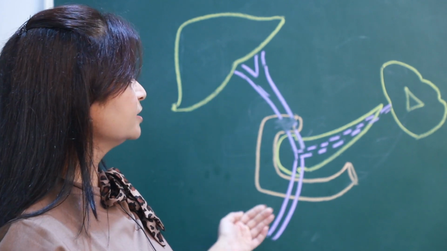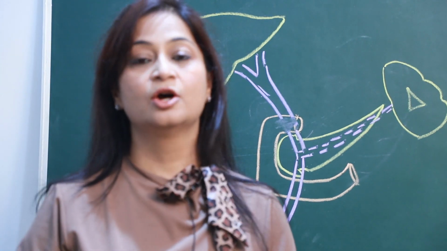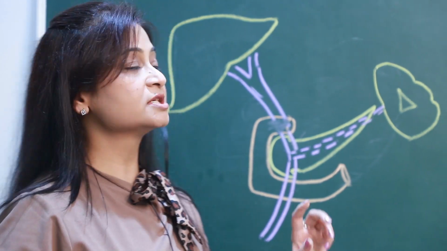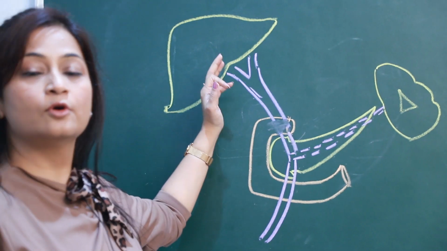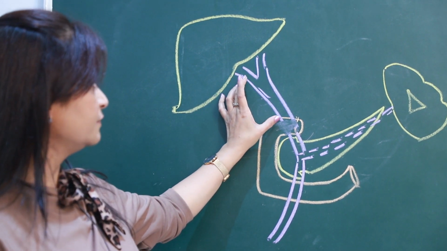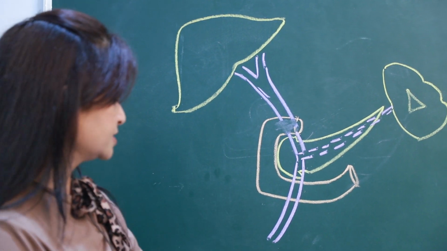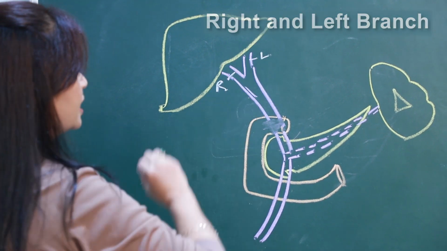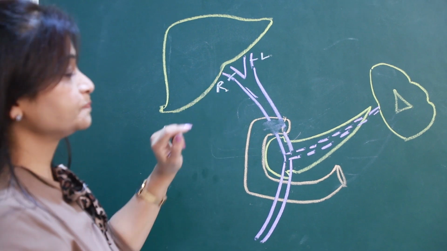So we have seen the relations of the three parts of the portal vein, and now we shall see its branches first. So here, as I told you, before entering the liver through the porta hepatis, the portal vein divides into two branches, that is the right branch and the left branch of the portal vein.